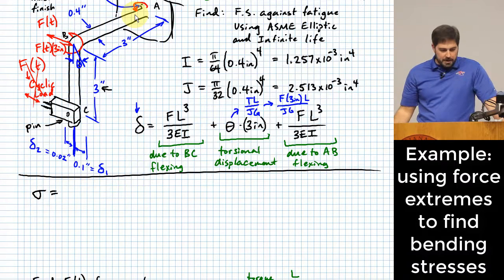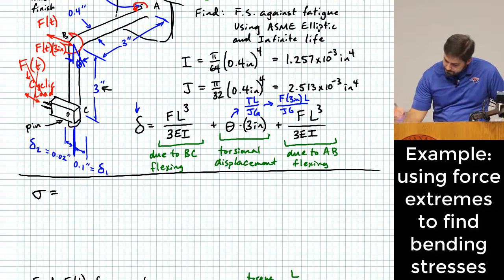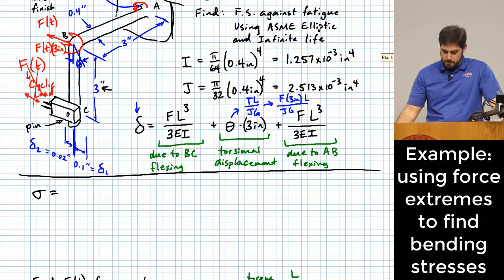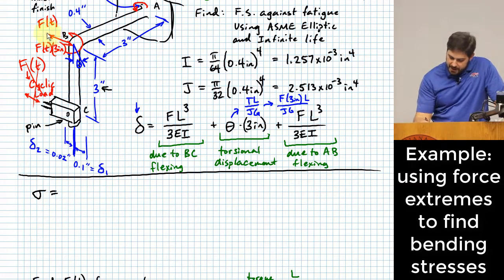All right, so what is this going to be? Well, we need to figure out what the bending moment is back there at location A. Okay, how do we do that? Just F times 3 inches, because we don't have to worry about all the rest of this stuff.